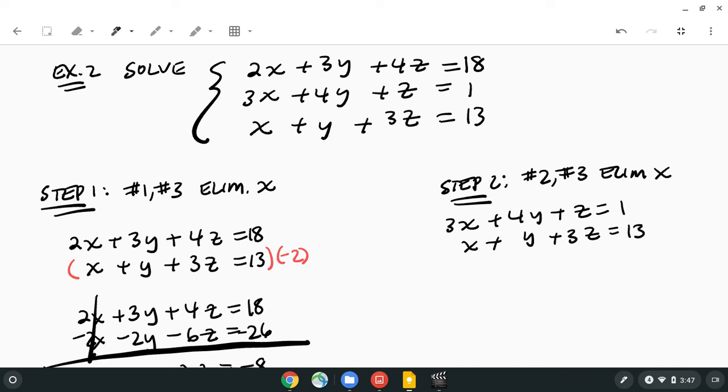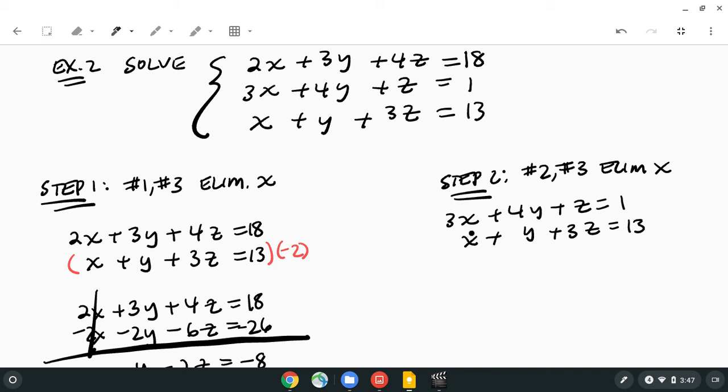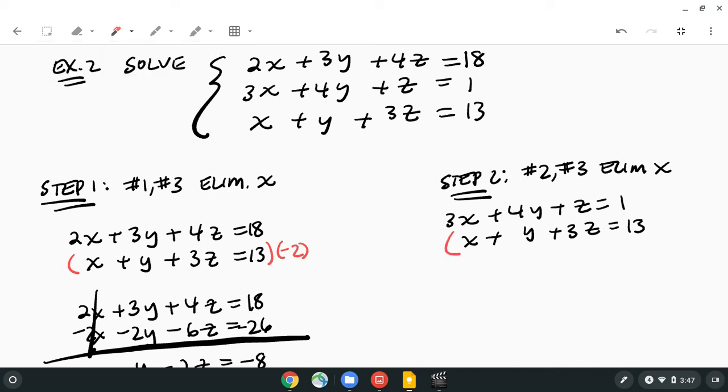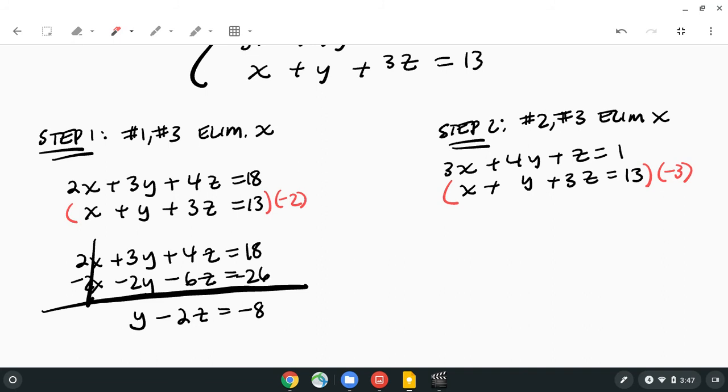Okay, good. I want to eliminate the x's, so I need this to be negative 3. So I need to multiply that entire equation by negative 3. The top one stays the same, and the bottom one becomes negative 3x minus 3y minus 9z equals negative 39.